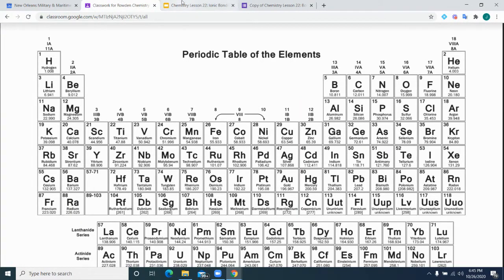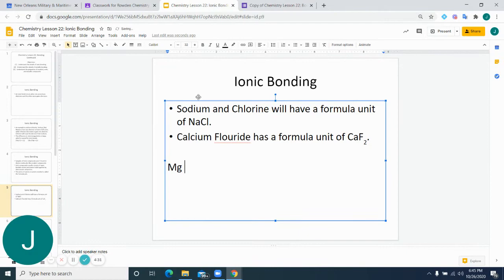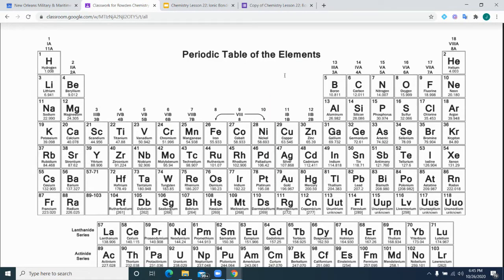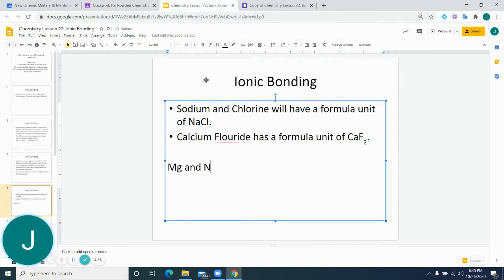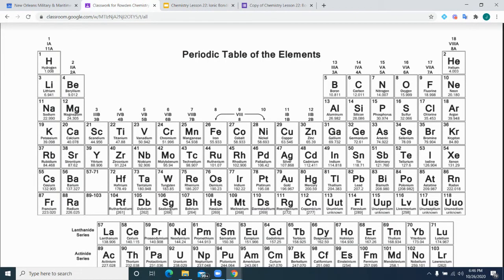Let me demonstrate the hardest type for you. Let's do Mg and N. So Mg is +2. Mg is in group 2. Those are all +2. N is in group 15. So these are -3.